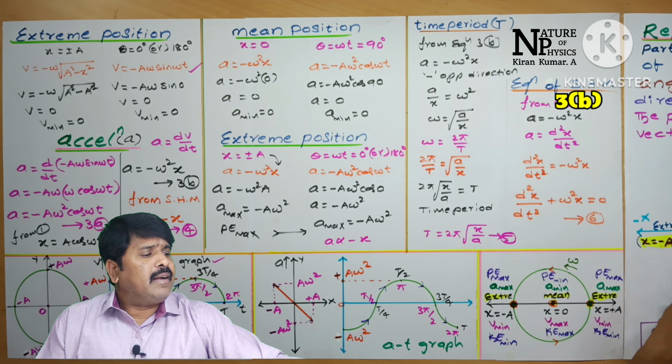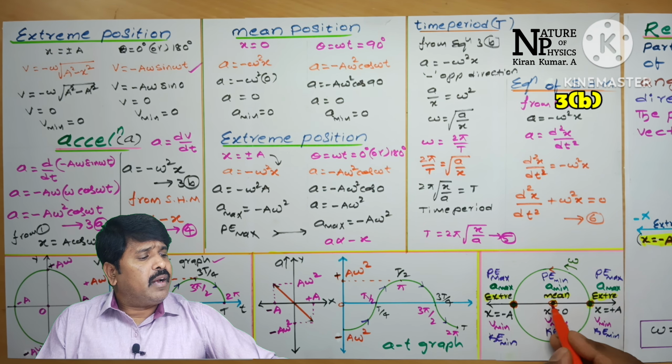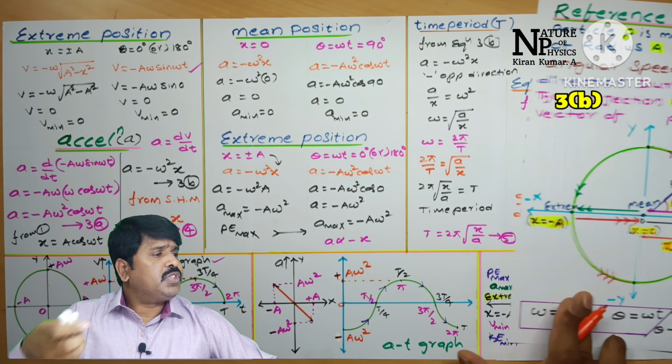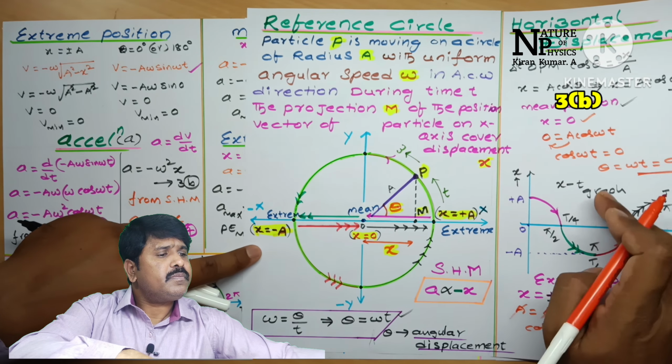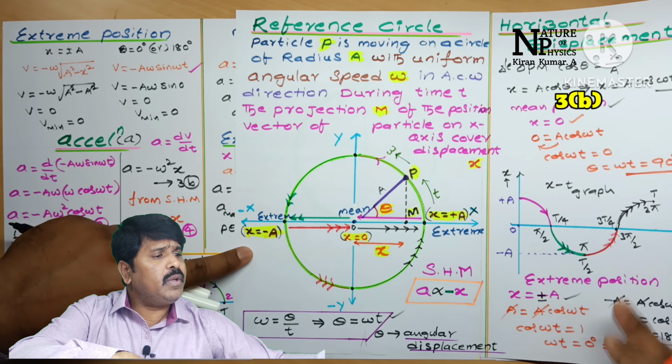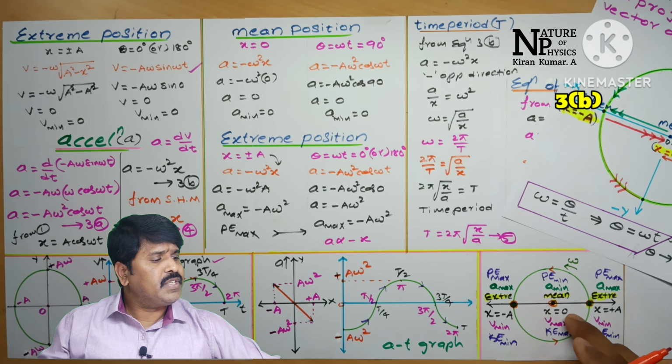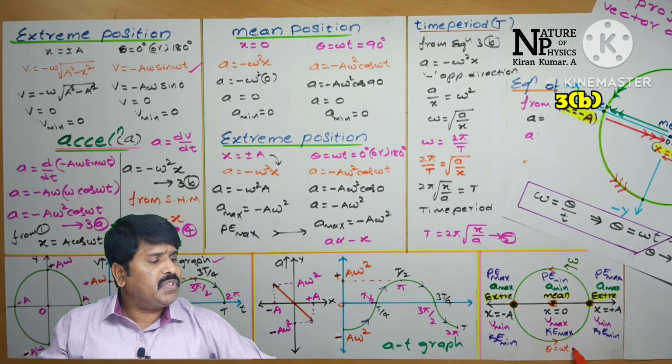Okay student, and then continuation here representing mean position, extreme position, positive and negative. Here clearly represented mean position x is equal to 0 and theta is equal to omega t, which is equal to 90 degrees.